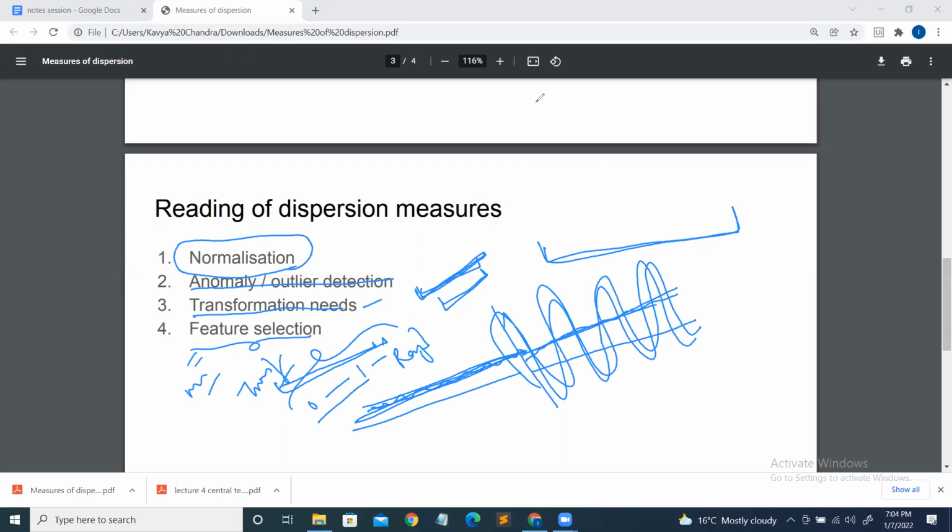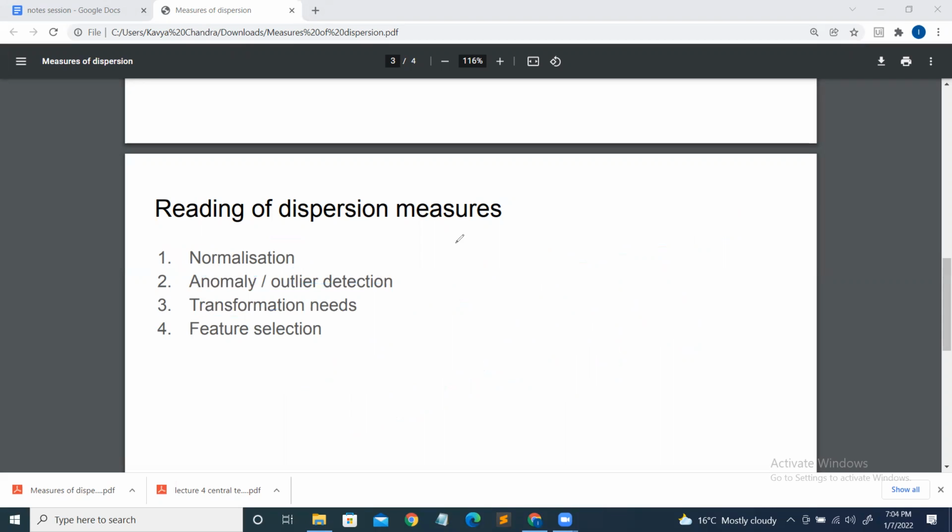But what you really need to understand is that all these concepts of dispersion can help you understand in quick terms how the data is distributed.